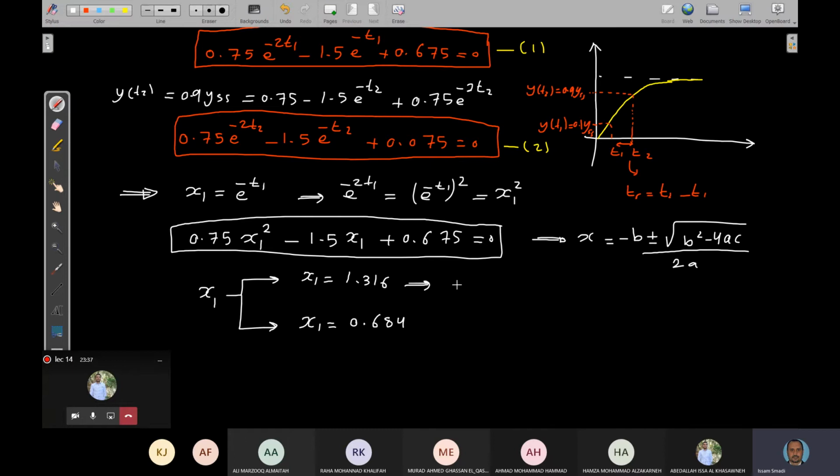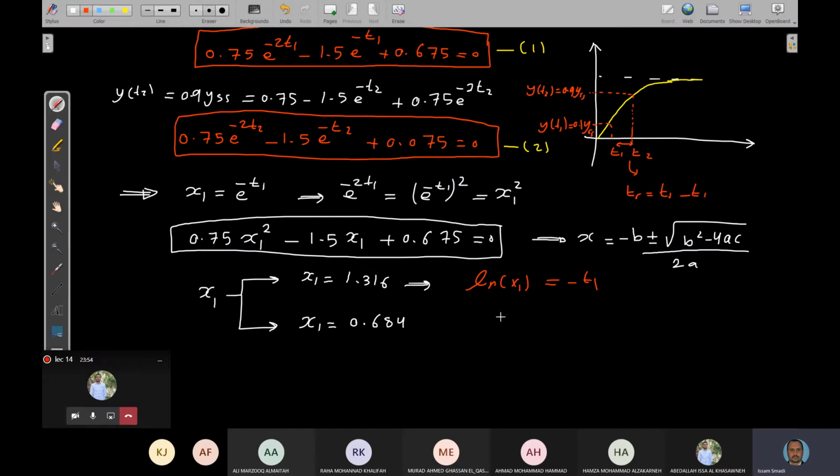Now let's see. If I evaluate the first one, this one is for sure not valid. Do you know why? Because if I need to recover the time, then I must take the ln. ln of x1 will equal minus t1.